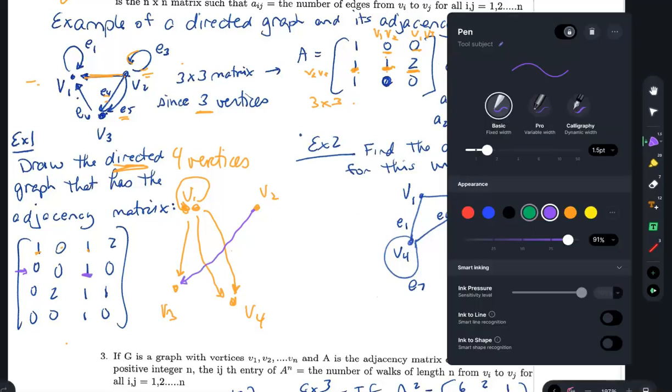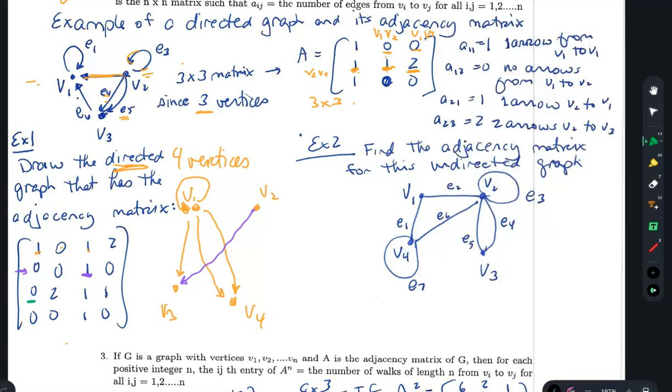So let's move on to the next one. These are all the places that the vertex V3 is going. V3 is going to V2 with 2 different edges, like that. And V3 is also going to V3, so it looks like that.